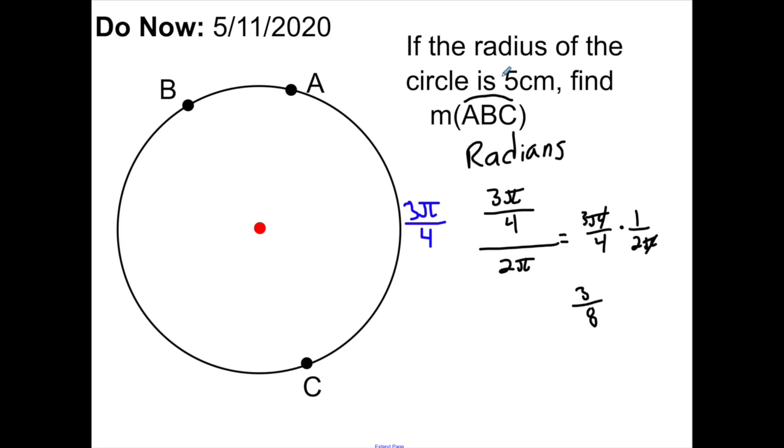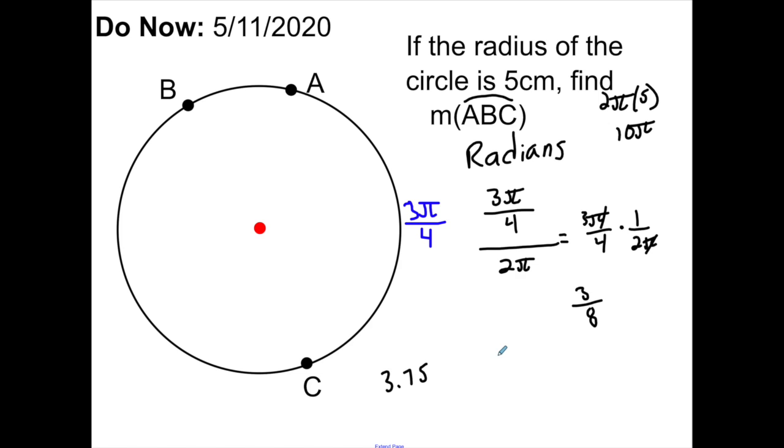If the radius is 5, then the circumference is 2 times pi times 5, or 10 pi. We could do 3/8 of that, and we could get 3.75.